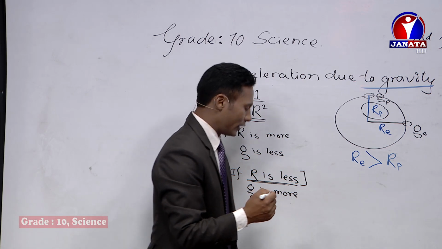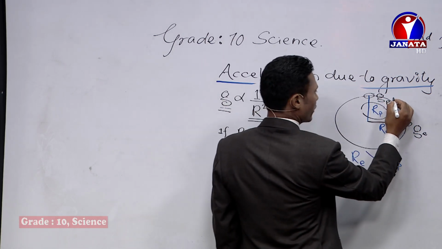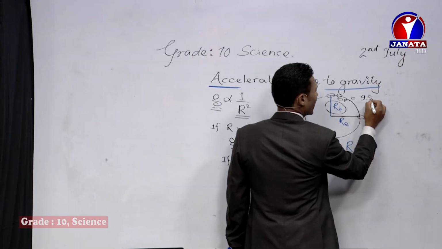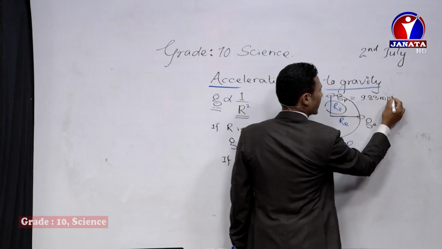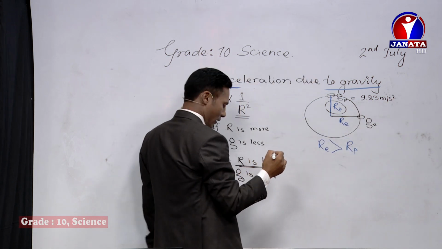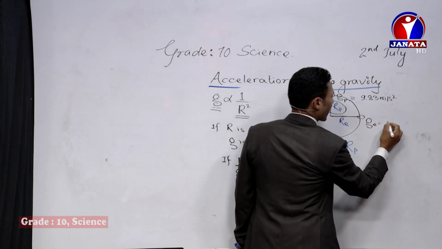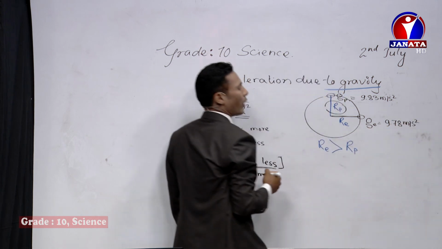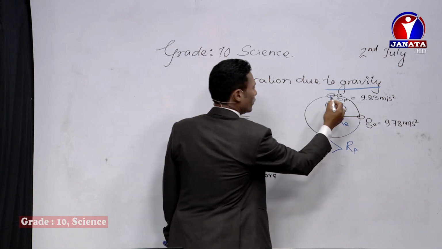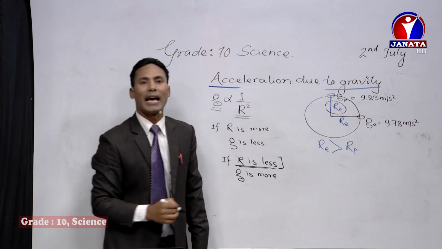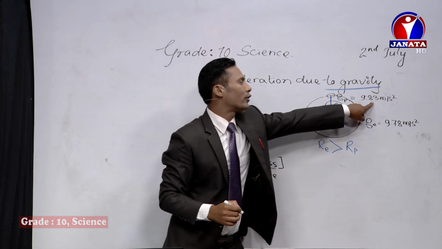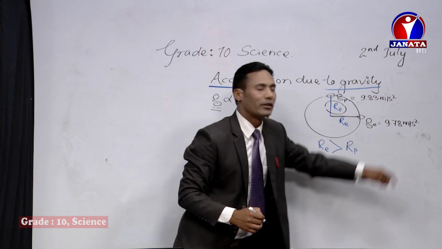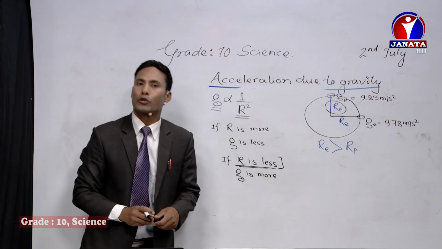And the value of acceleration due to gravity at the polar region is 9.83 meter per second square, right? And at the equator it is 9.78 meter per second square. So remember these values.